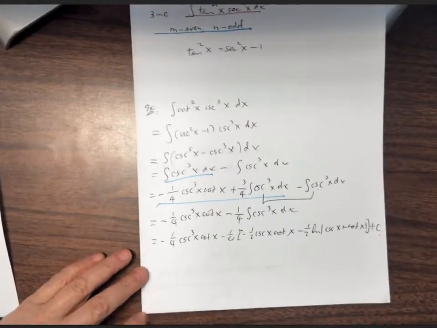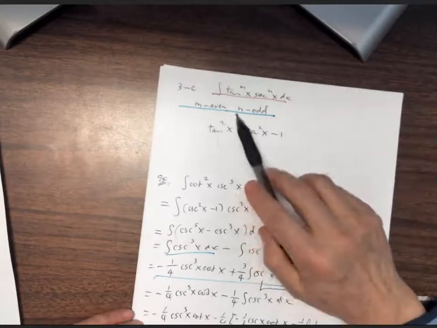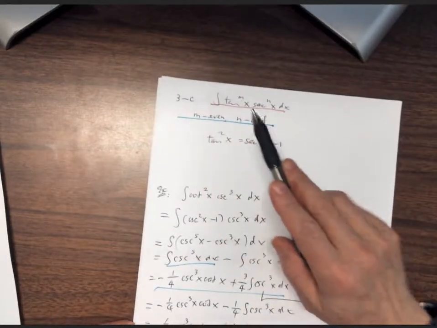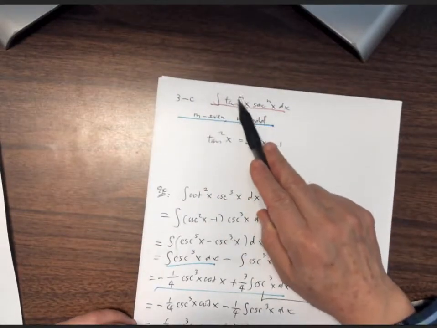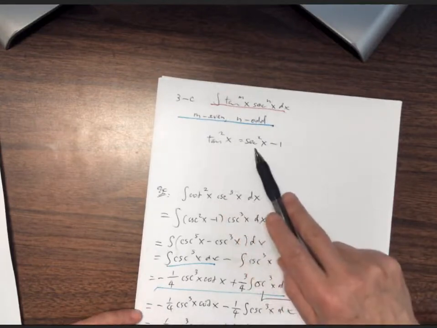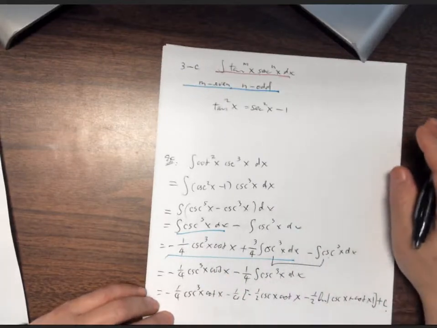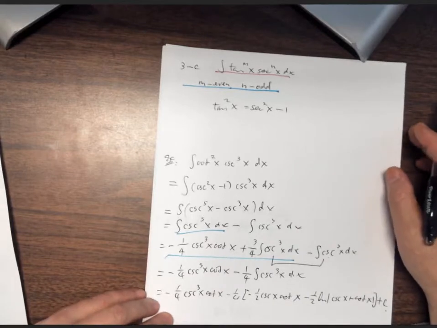Right? So this is how we evaluate the integral in this case, 3c. First power is even, second power is odd. Turn everything to secant or everything to cosecant, and then use the reduction formula, direct formula.